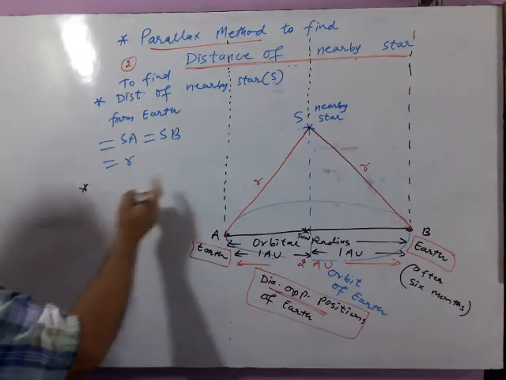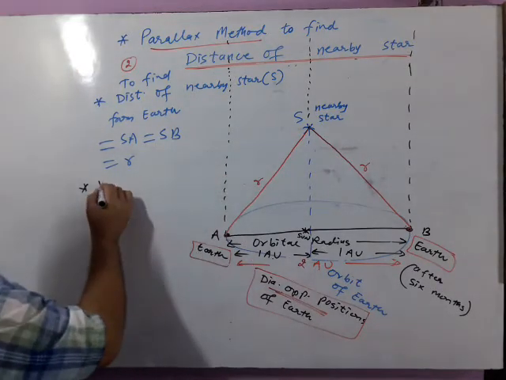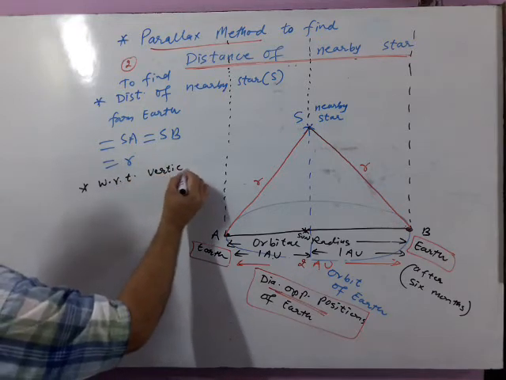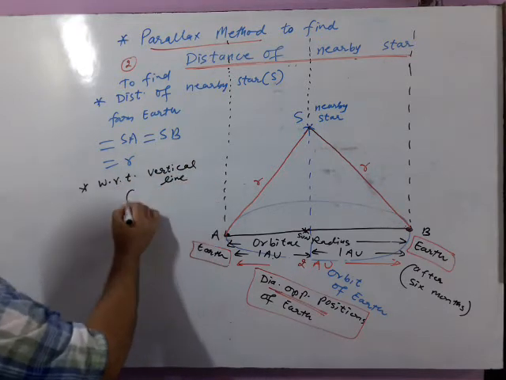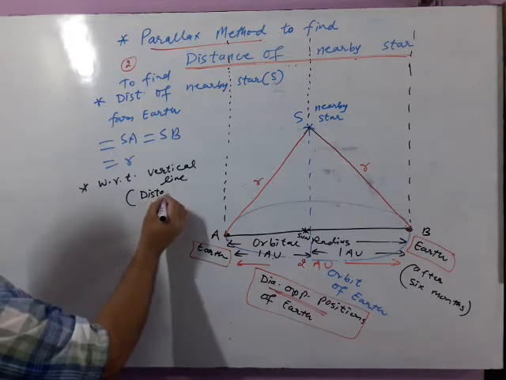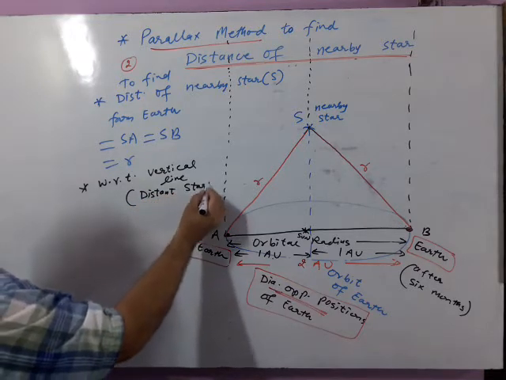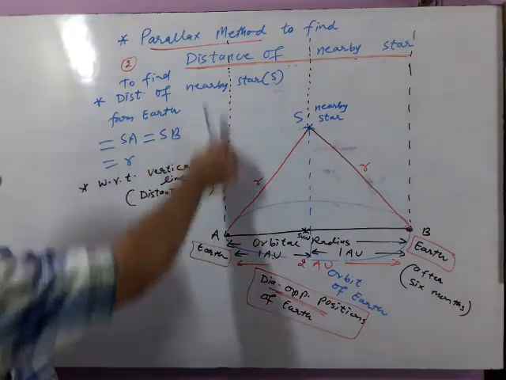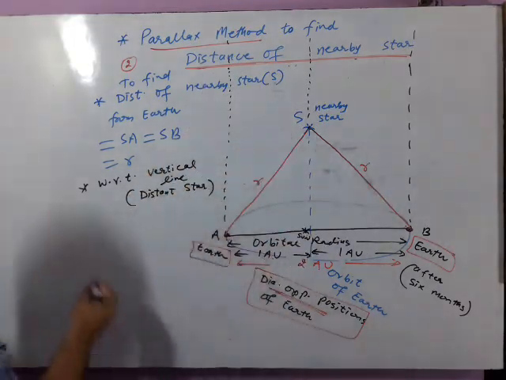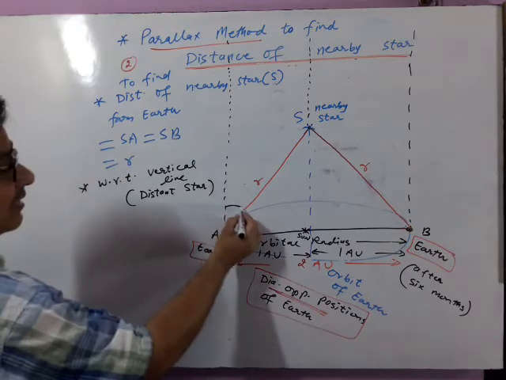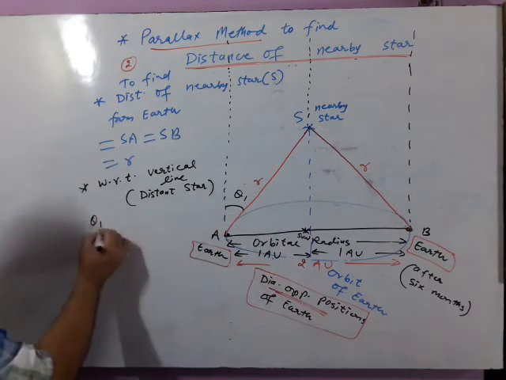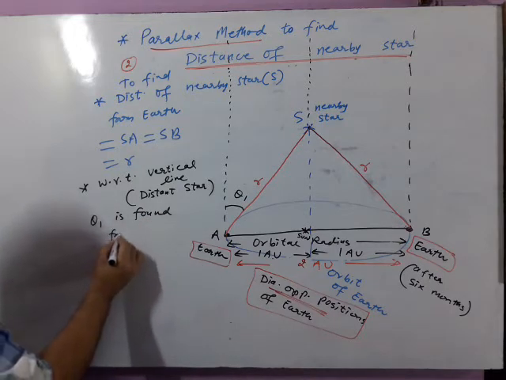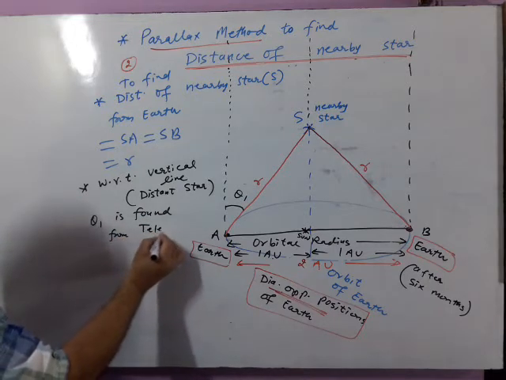So with reference to the vertical line, or you can say a distant star, some star which is very, very far away, that will give rise to the vertical line. This θ1 is found, of course, with the help of some telescope.